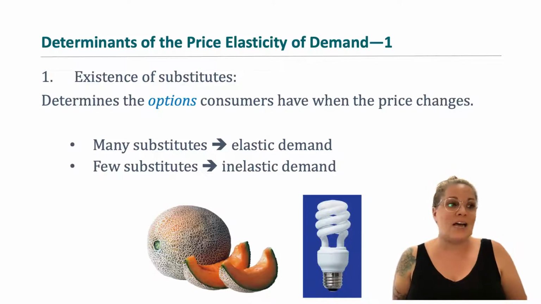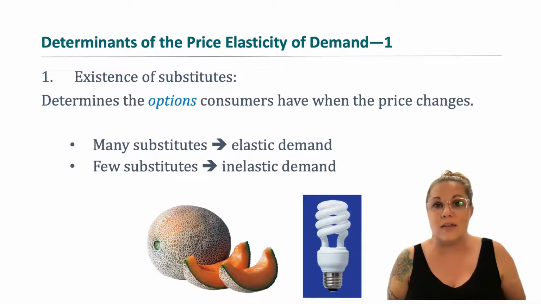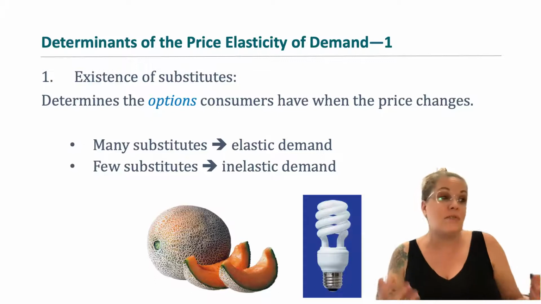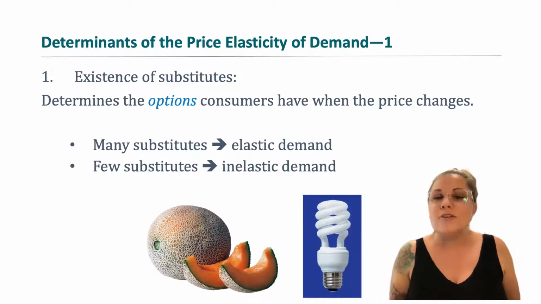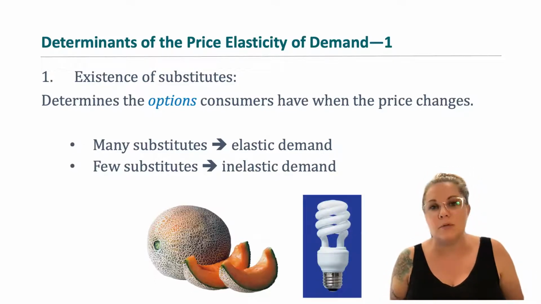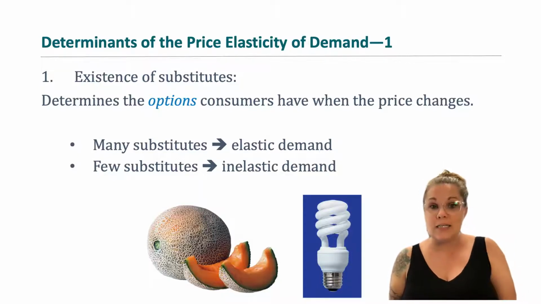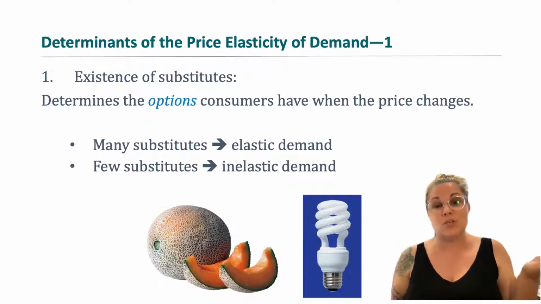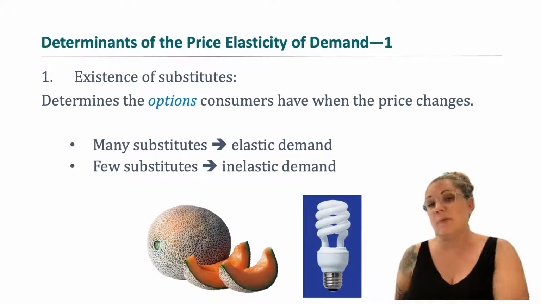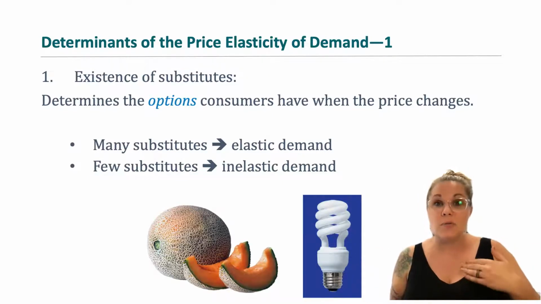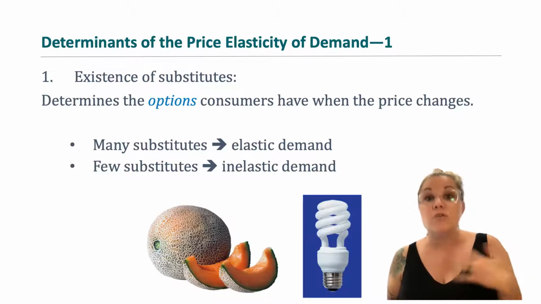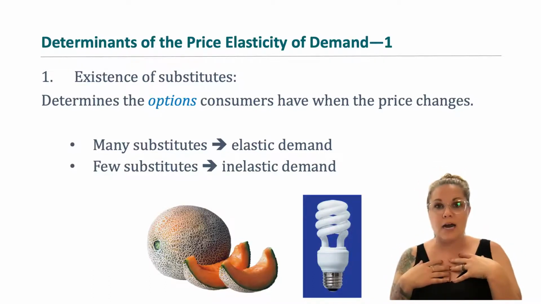I would say that on a given week when I'm grocery shopping, I would be very happy to replace the cantaloupe with another kind of melon or even a different kind of fruit, right? There's lots of fruit varieties available to me most weeks at the grocery store. So if the price of cantaloupe went up, I would just substitute away from it and choose to buy something else instead. In other words, there would be a pretty significant response on behalf of the buyer as a result of that price change.